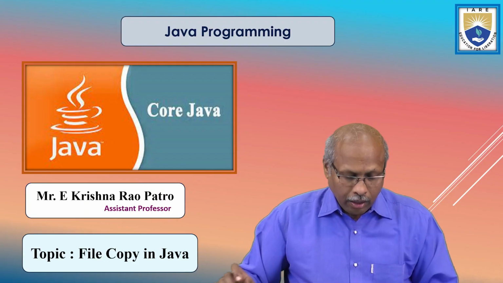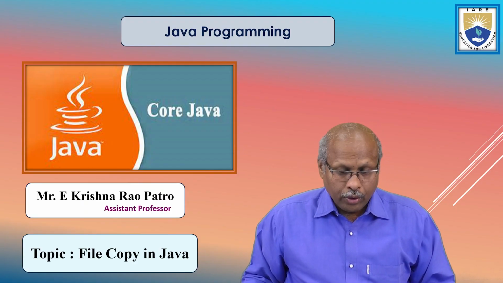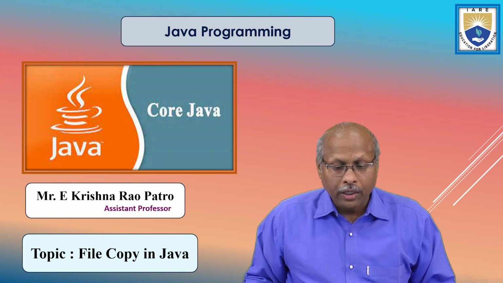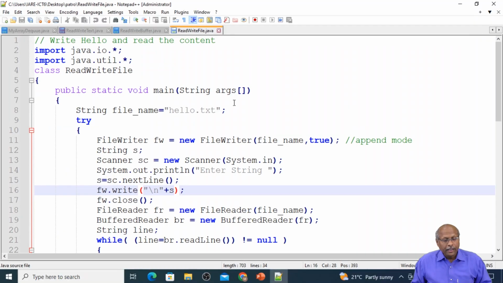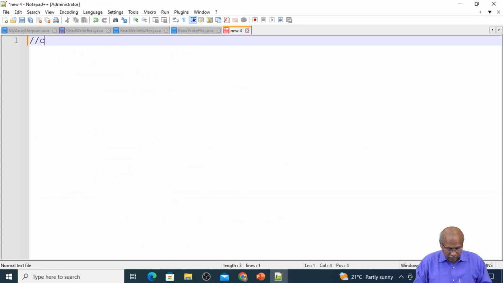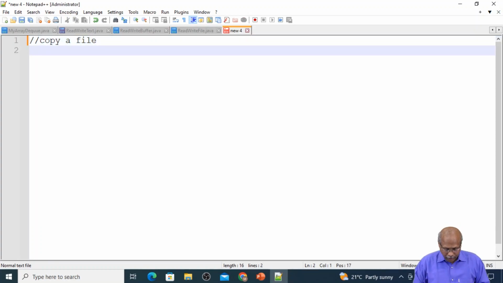Now let us see how to do it with our system. Now you have seen the program. Now I will show you the different varieties. Let us say I am opening my notepad. The first program I told you, copy a file. For that you need what?